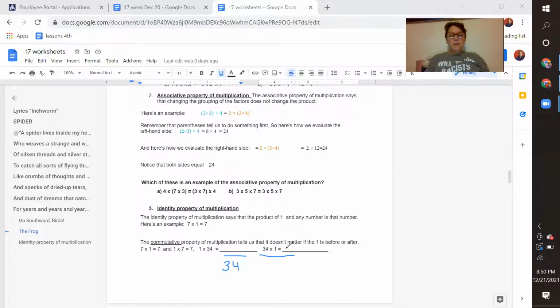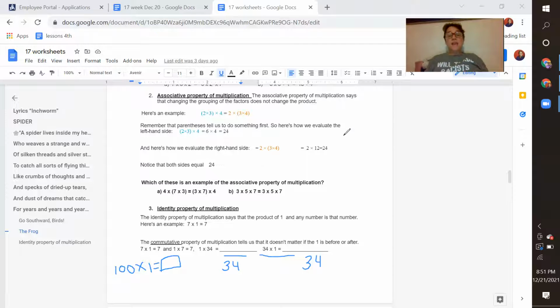And 34 times 1 equals 34. Okay, and maybe you can give one more example, for example, 100 times 1. And maybe you could write your own example here. Okay, so this is not too difficult for you.